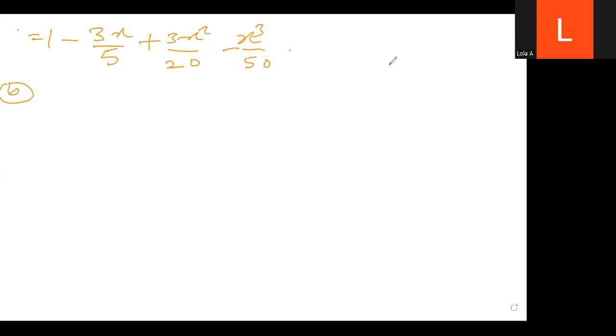I'm done, sir. Okay. Now, question B says we should use our result in A to find an approximate value for 0.99 raised to the power of 6.